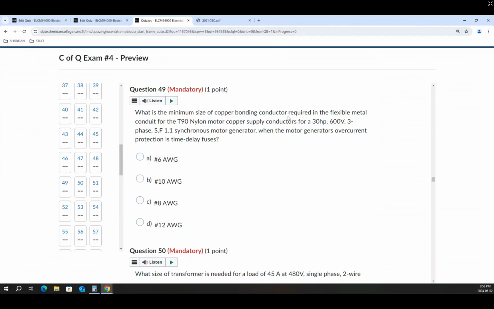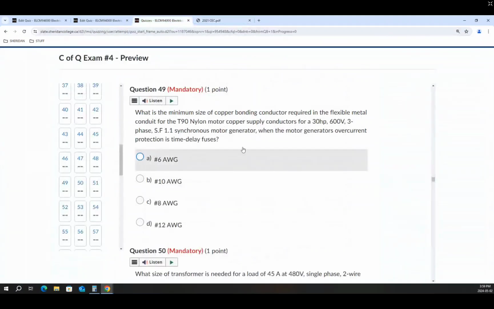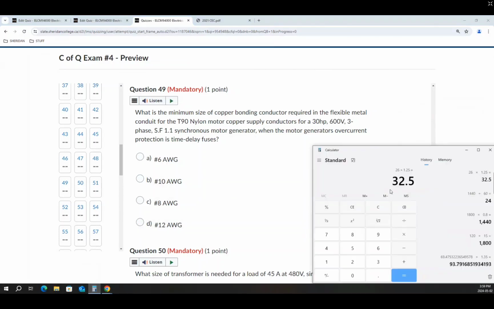I can get my table 16 value by either having the ampacity of my conductors or the ampacity of the overcurrent device. So I went with conductors because it's easier. From my question, I was able to determine what I needed to feed the motors with. So I went 26 times 1.25, 32.5 amps, and then table 2, 75-degree column.